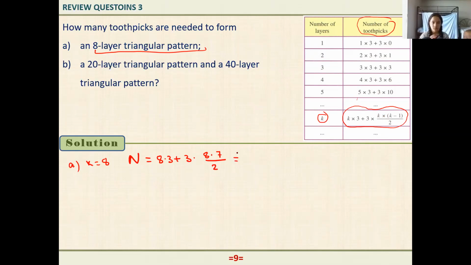We have already studied how to evaluate a formula using the given variables. So here 8 times 3 is 24, plus 3 times 8 divided by 2, it is 4, and here we have 7. That's equal to 24 plus 3 times 4, 12, times 7.